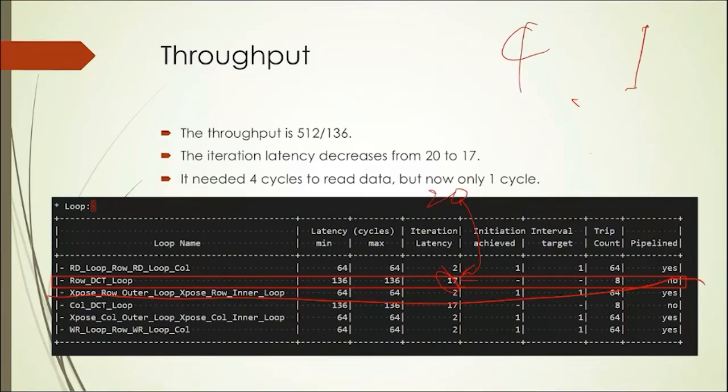So we save 3 cycles right over here. That's why the cycles for the inner loop decreased from 20 to 17. So we save cycles for each iteration of the loop. And the throughput further increased to 512 over 136.